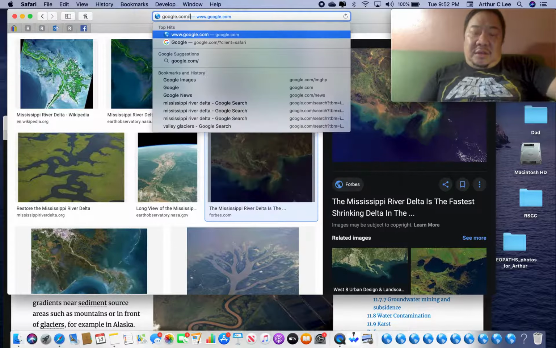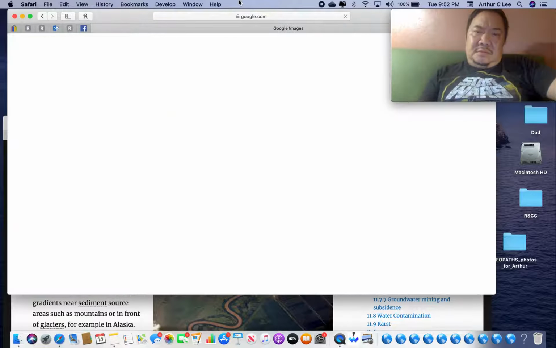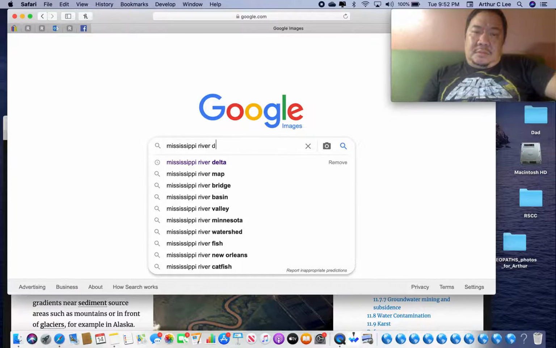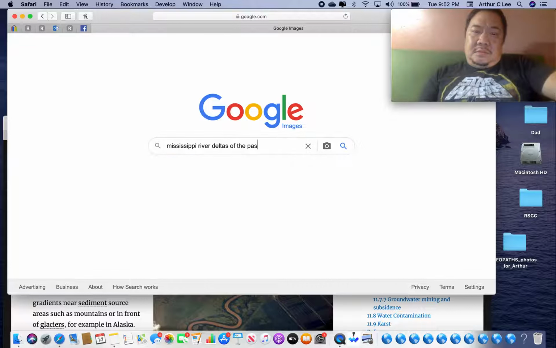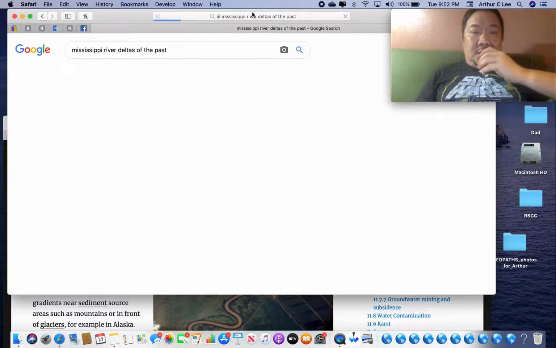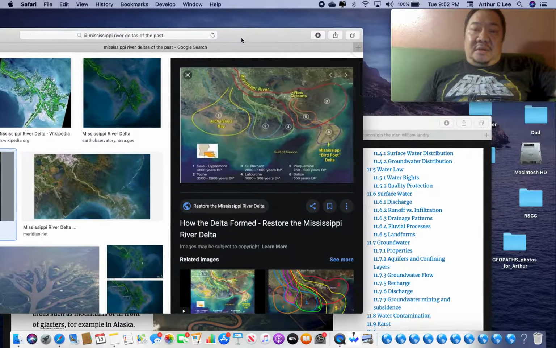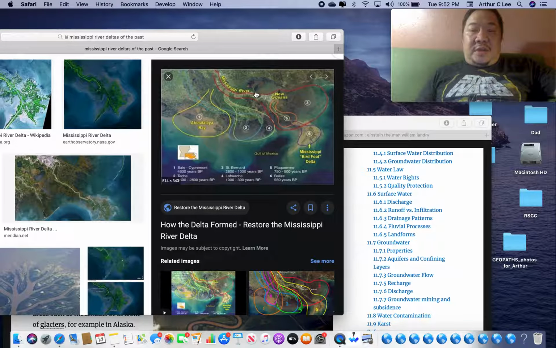let's take a look at something else here. Okay, the Mississippi River is currently flowing into this river delta here at New Orleans.